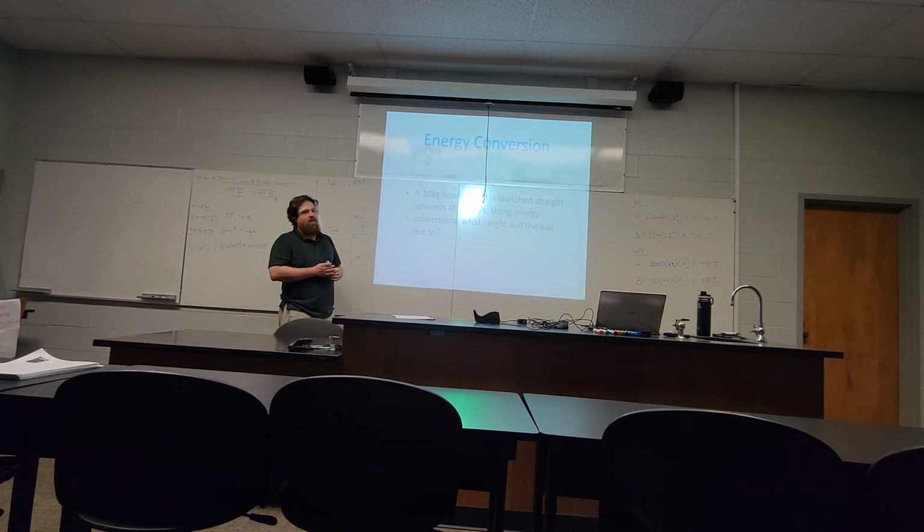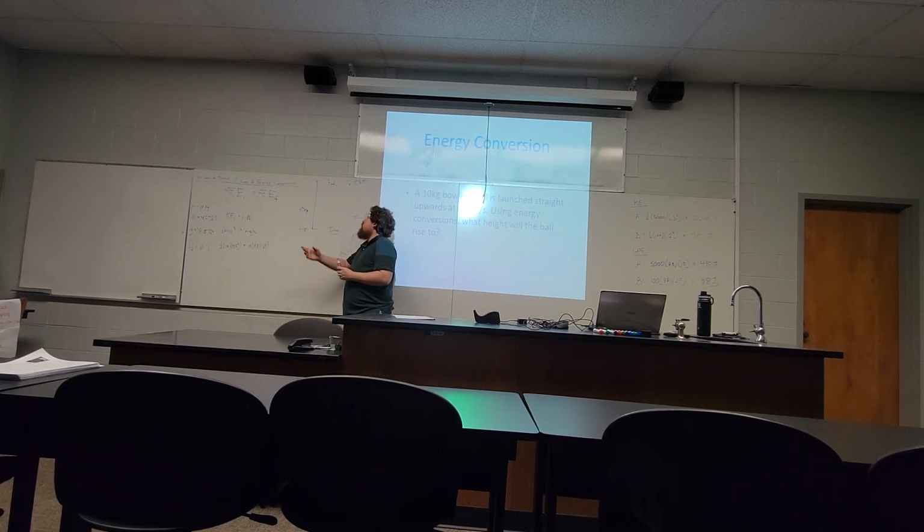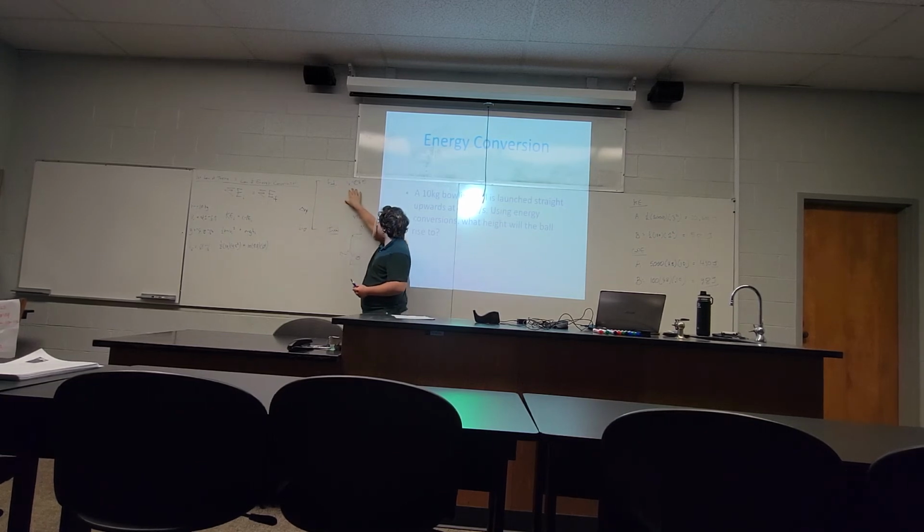Okay. Now we're going to compare all that to what's going on at the final point, which is what we're going to call this point up in the air. Up here, final velocity is 0, and we've risen to some unknown height.